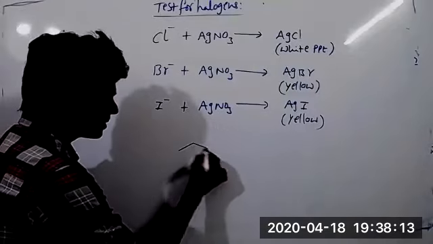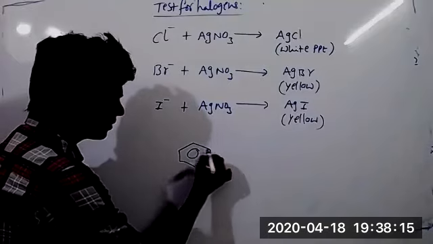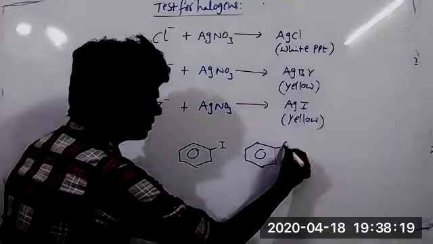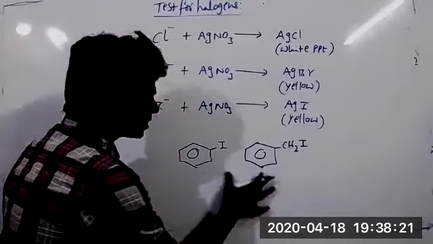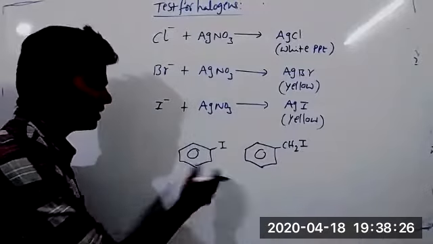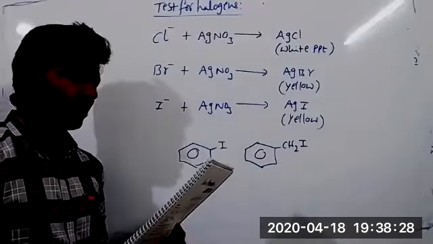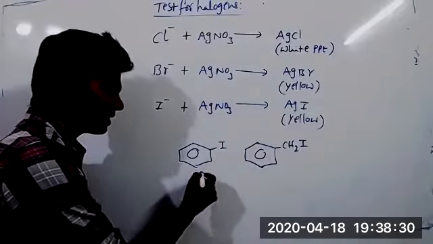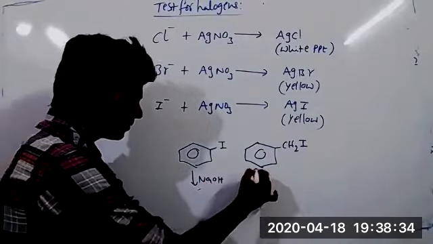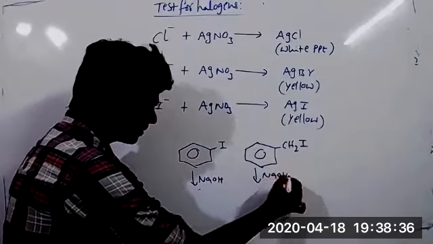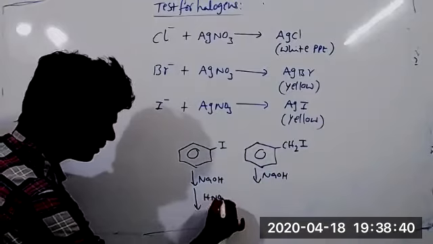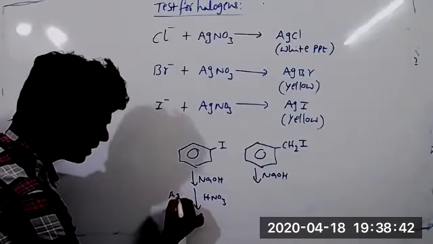Here we are taking C6H5I and C6H5CH2I. Two compounds are given, but they didn't mention which is A and which is B. We have to find out which one is A and which is B. First of all, these are separately treated with NaOH. This is also treated with NaOH, and further, in presence of HNO3, reacted with AgNO3.